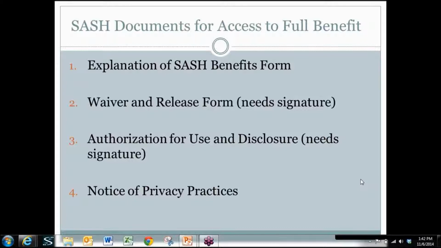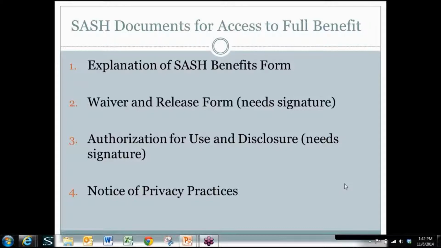So I think you'll find the talking points for SASH legal documents a really helpful resource to have, and what I would recommend is that you have that with you in your folder of documents that you're taking when you meet with your participants. You'll find it very, very handy.